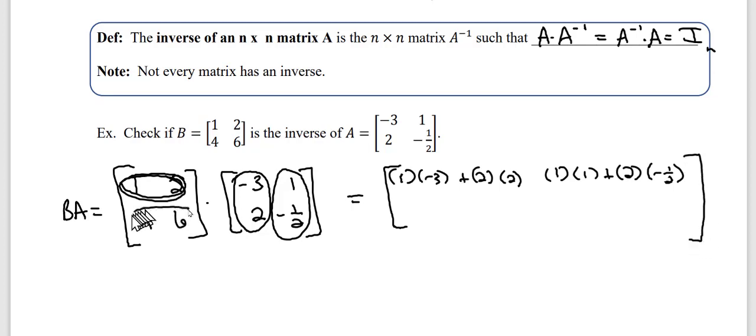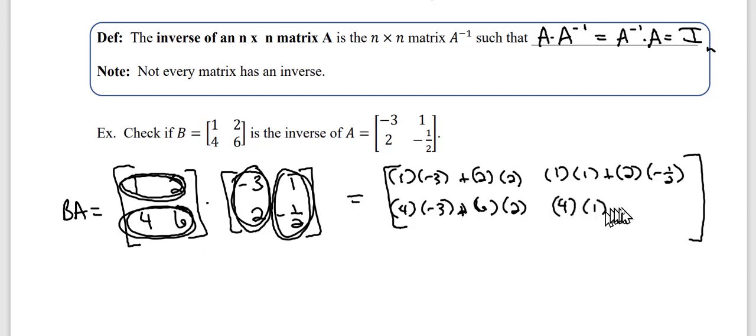Now we move down to our second row, back to the first column: 4 times negative 3 plus 6 times 2. Then second column for second row: 4 times 1 plus 6 times negative 1/2.